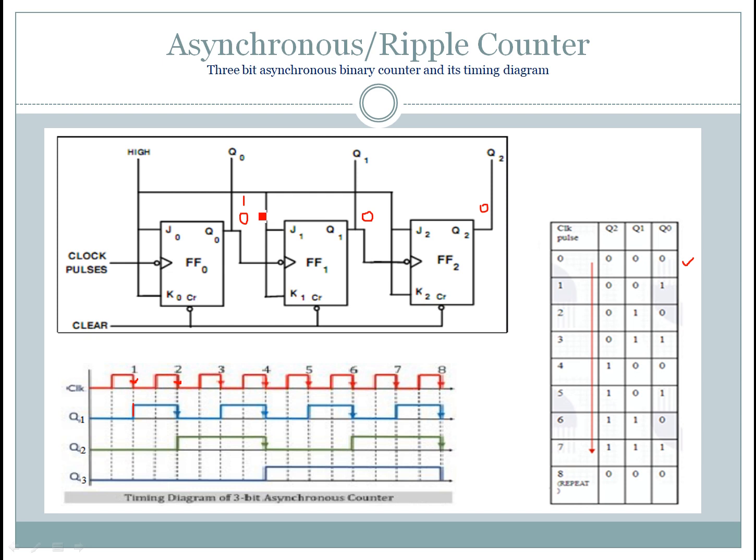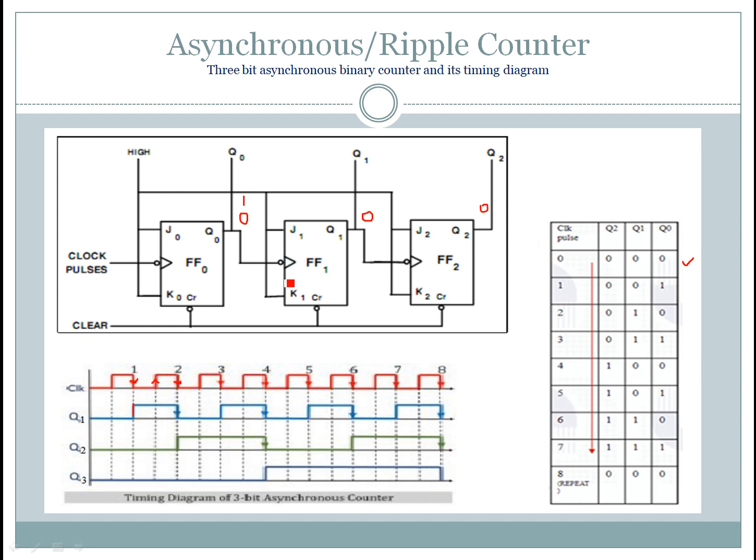So 0 to 1 is nothing but a positive edge, right? Negative edge is nothing but 1 to 0, that is the falling edge. Positive edge is nothing but 0 to 1, that is the leading edge. So now here 0 to 1 is a positive clock pulse or positive edge.